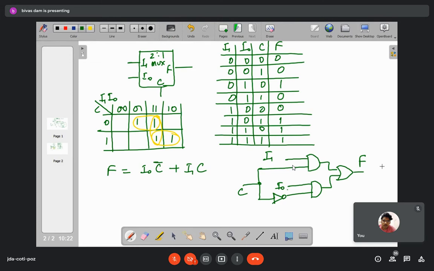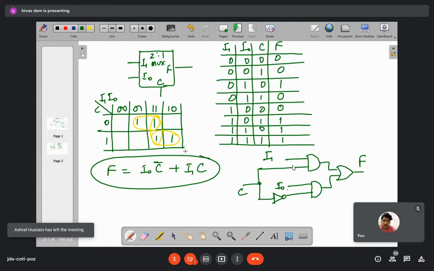Now, instead of going for this truth table and the Karnaugh map, just by analyzing the logic requirement for this two-stage multiplexer, I can arrive at this expression. How? What does the operational logic of the two-stage multiplexer say?